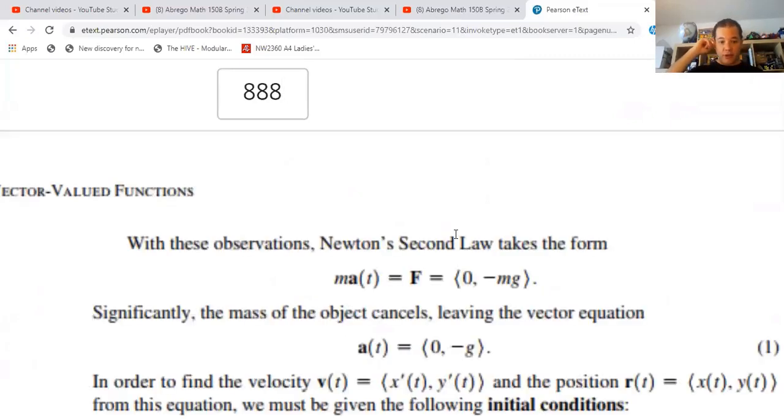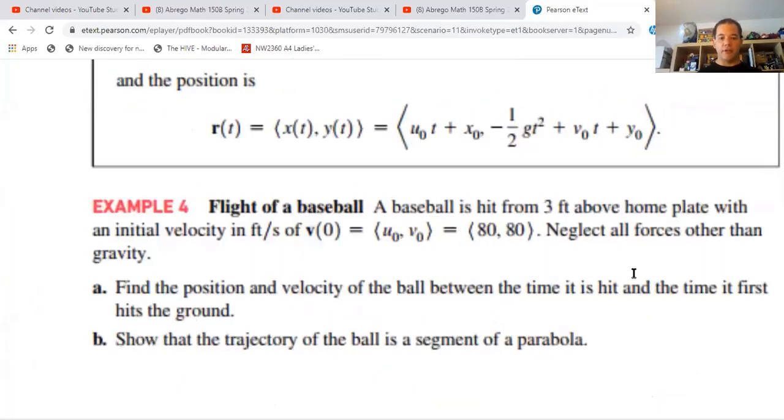We'll just do the example from scratch, so we don't need all the physics justifications. We'll only understand that in the real world, we always have an acceleration due to gravity that is about 32 feet per second squared if you're using feet, or 9.8 meters per second squared if you're using meters. All right, so let's work on this example.